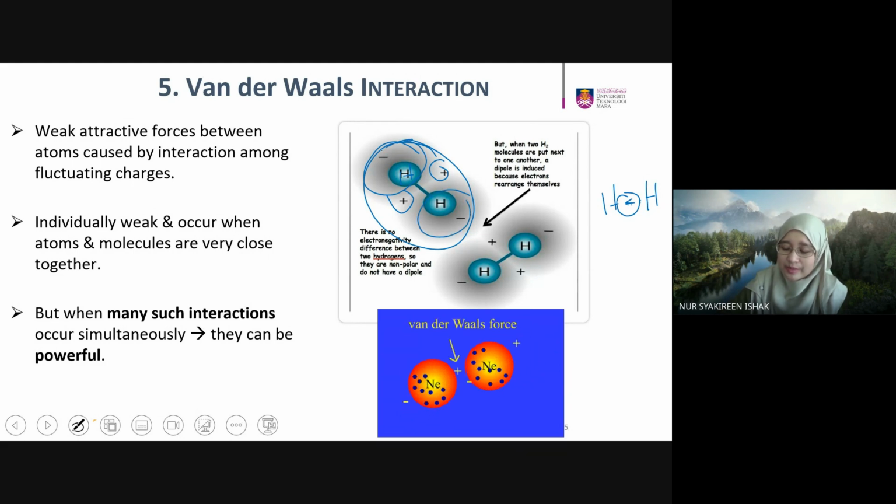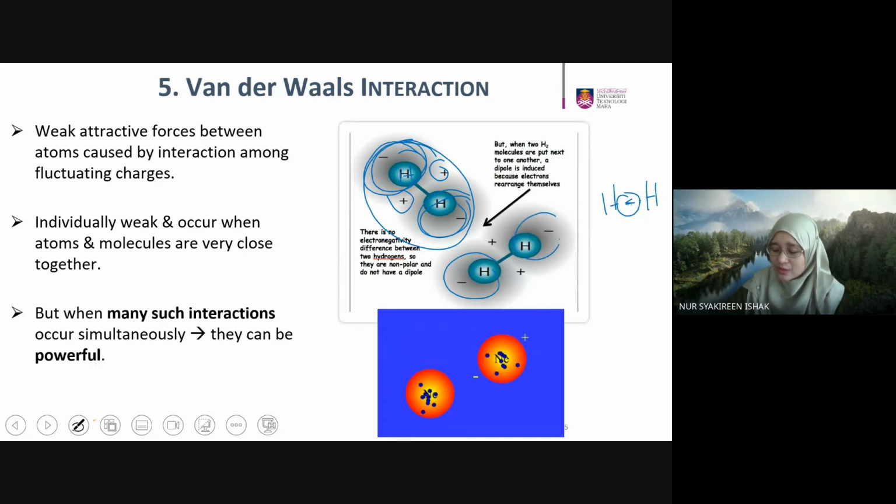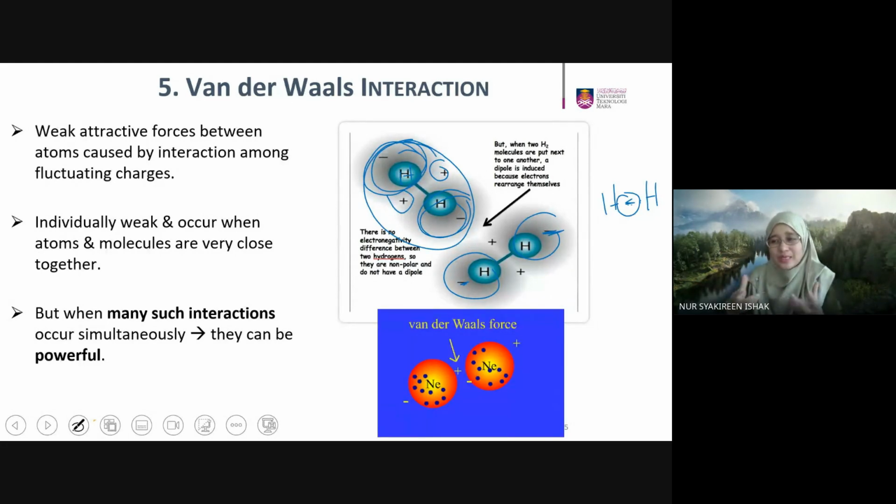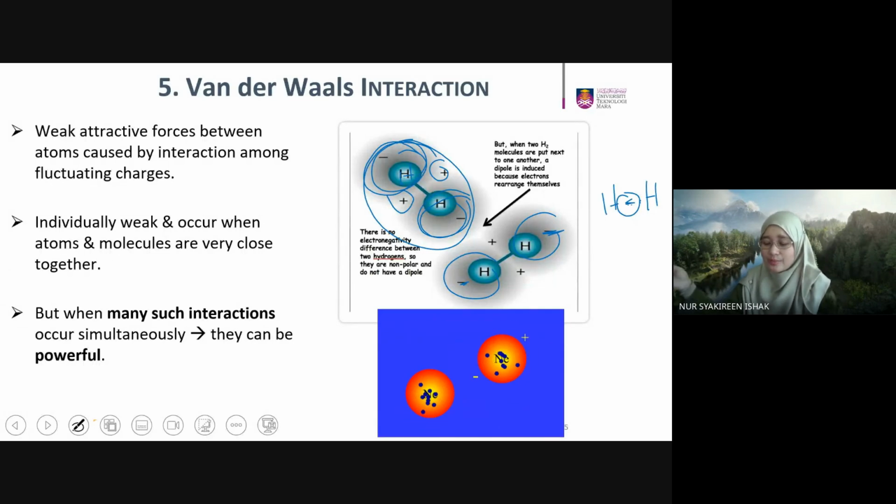So this region will be negatively charged. At another point, the electron will move towards the other region, so it induces a partial charge there. There is no electronegativity difference between two hydrogens, so they are non-polar and do not have a dipole.